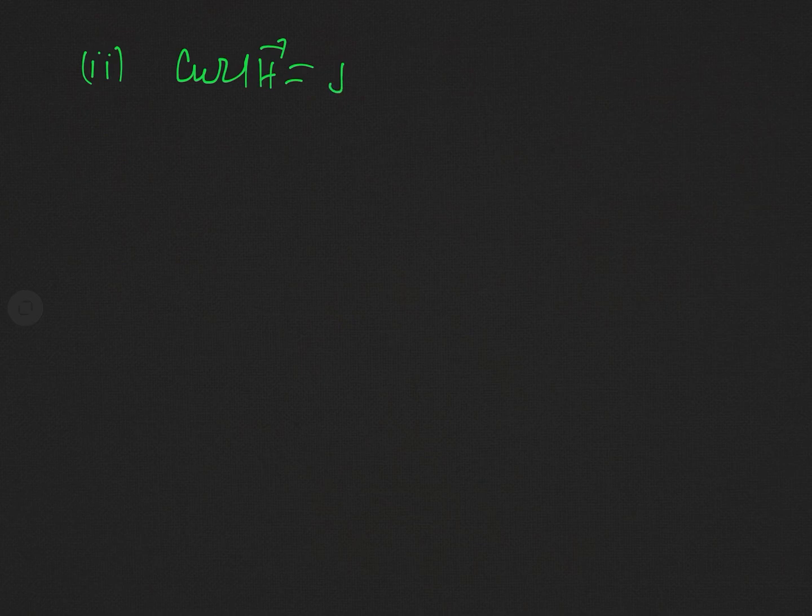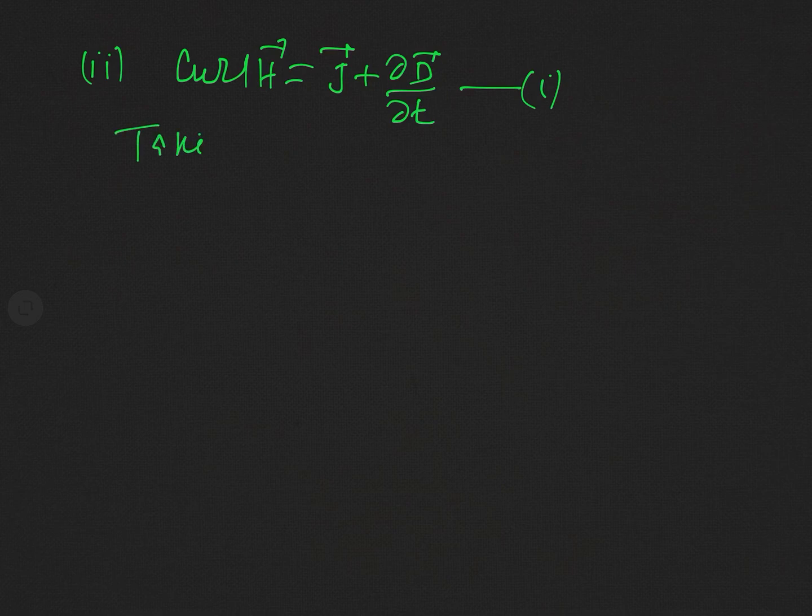Now, let us start with another curl equation, which is curl H. Curl H is equal to J plus del D by del T. And say it is equation 1. We will again take the divergence of this equation. So taking divergence of equation 1, what will be our result?